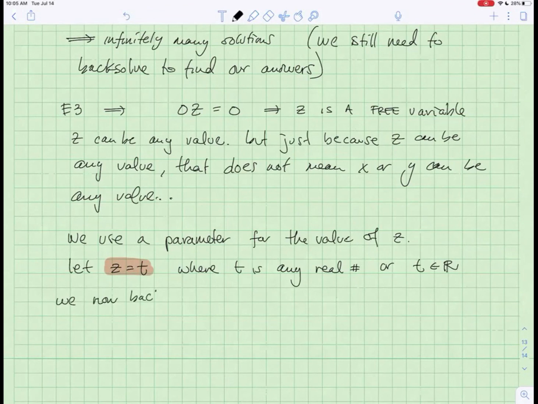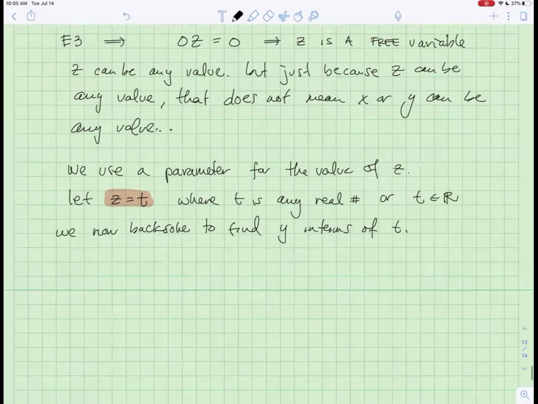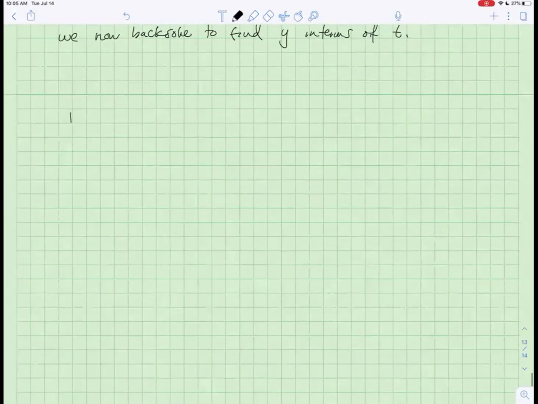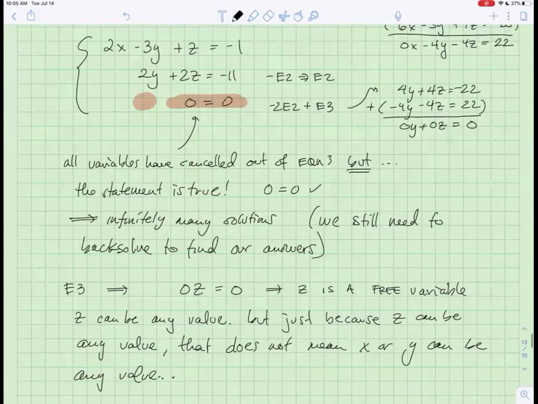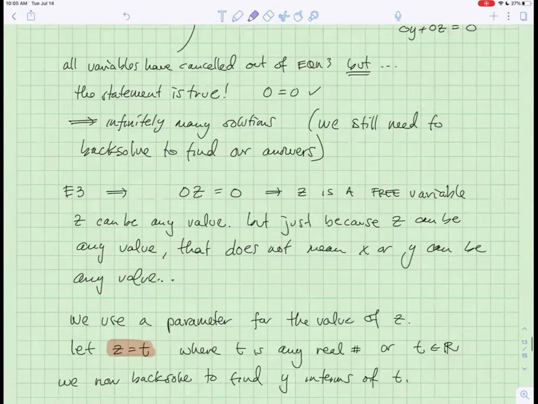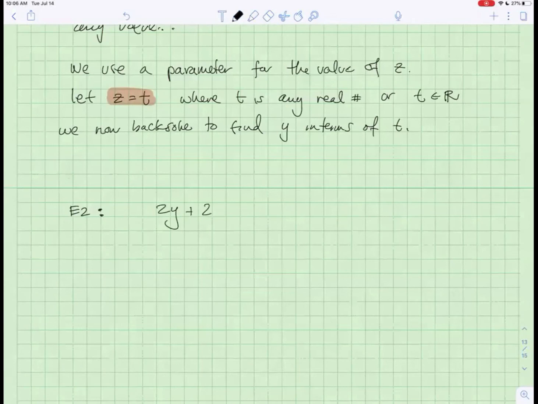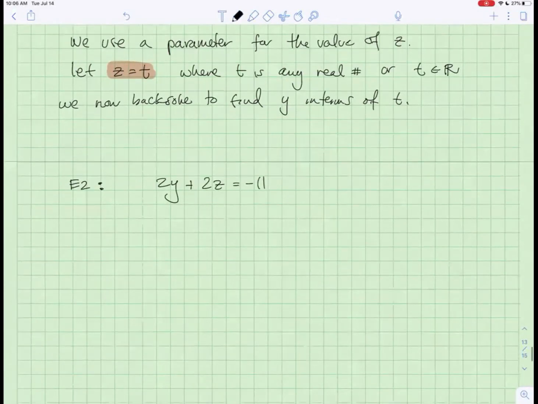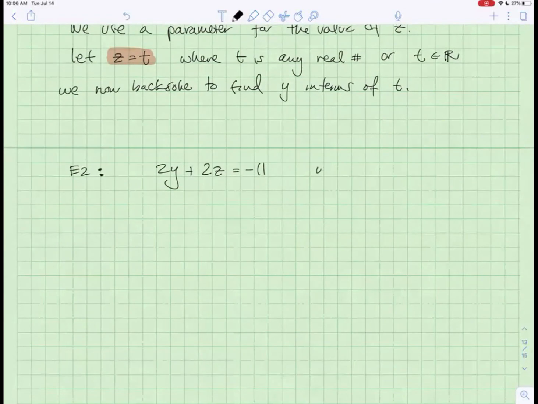We now back solve to find y in terms of t. Equation 2 says the following. If we look back up here in our last iteration of this system, this was our equation 2: 2y plus 2z equals negative 11. But we're going to back solve where z is equal to t.